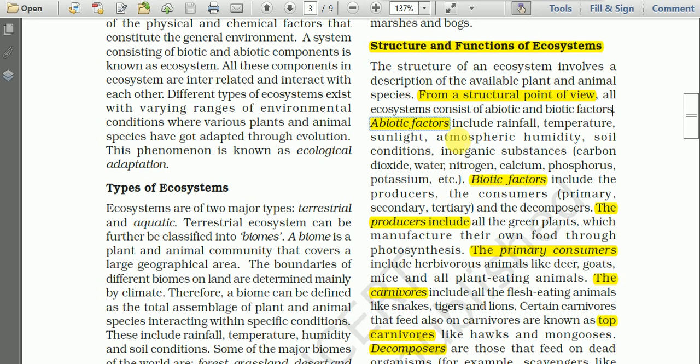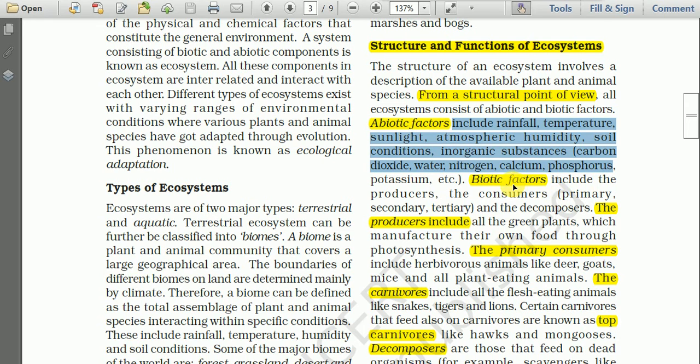Abiotic factors include rainfall, temperature, sunlight, atmospheric humidity, that is moisture, then soil conditions, and inorganic substances like carbon dioxide, water, nitrogen, calcium, phosphorus, potassium, etc. So abiotic means non-living things, and it includes rainfall, temperature, sunlight, humidity, soil condition, and inorganic substances.